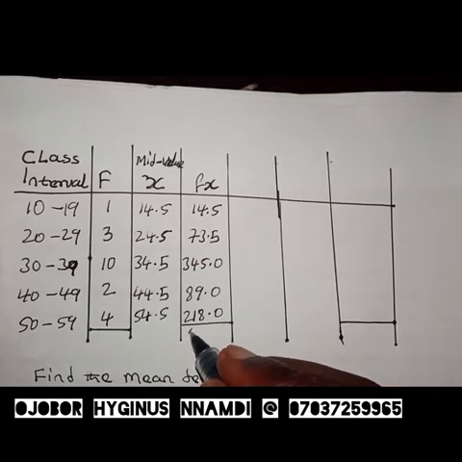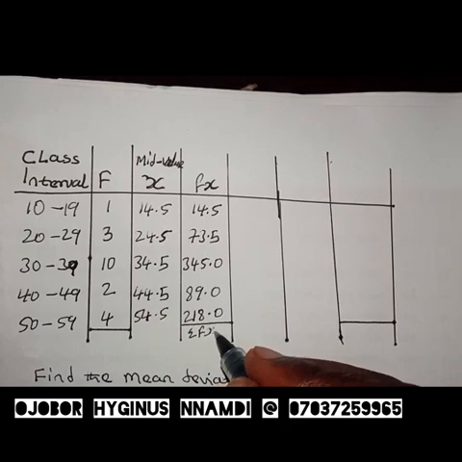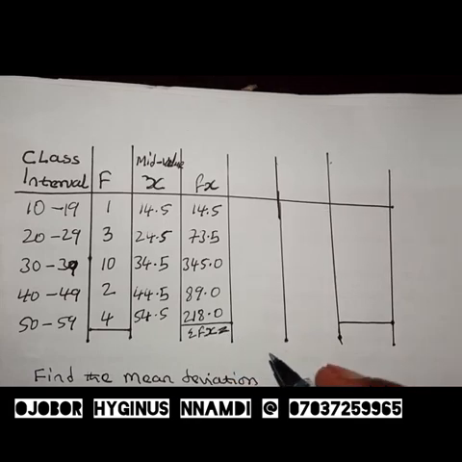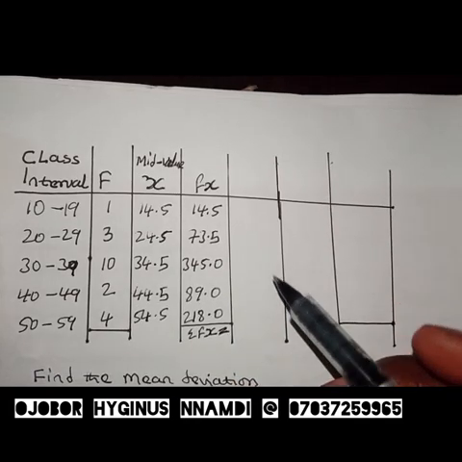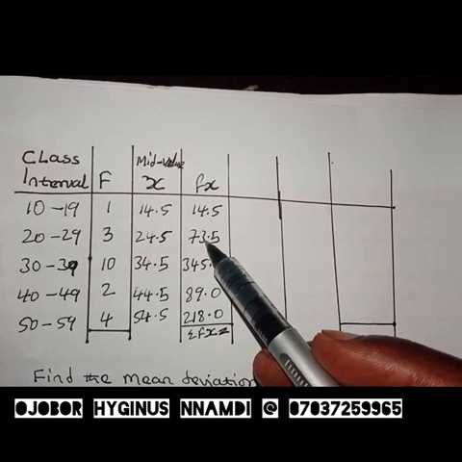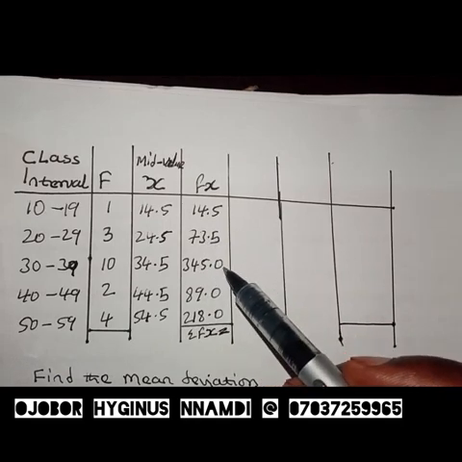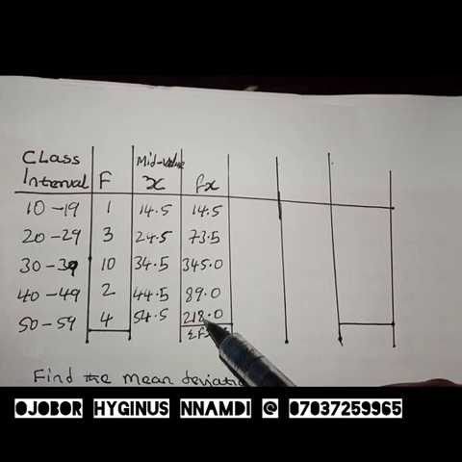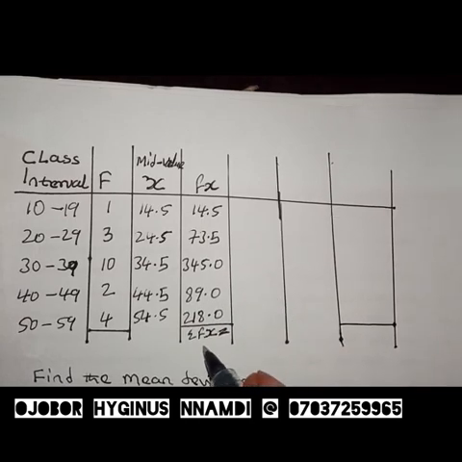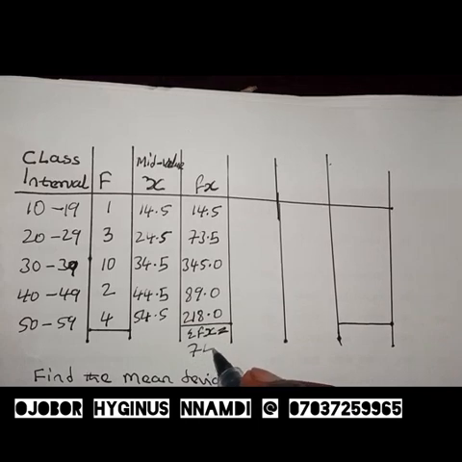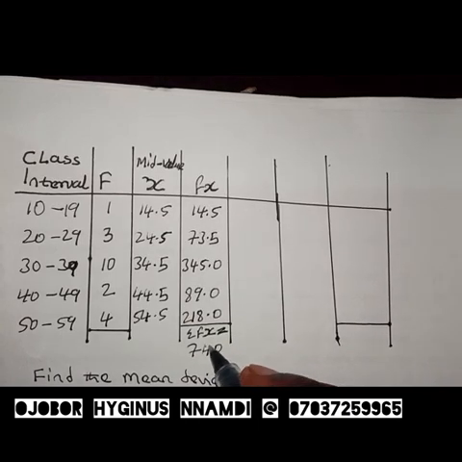Then if we sum fx and sum f, we can now get our mean. The summation of fx, which is sigma fx, is equal to 14.5 plus 73.5 plus 345 plus 89 plus 218, and if we properly do that, we are going to get 740 as the sum.